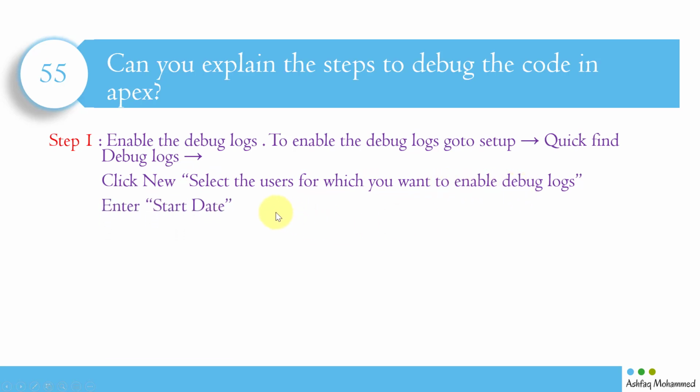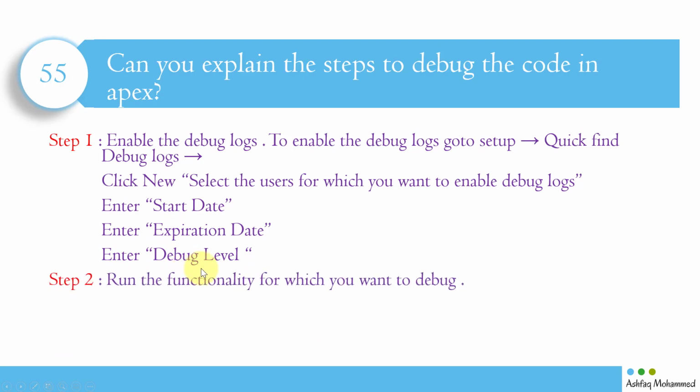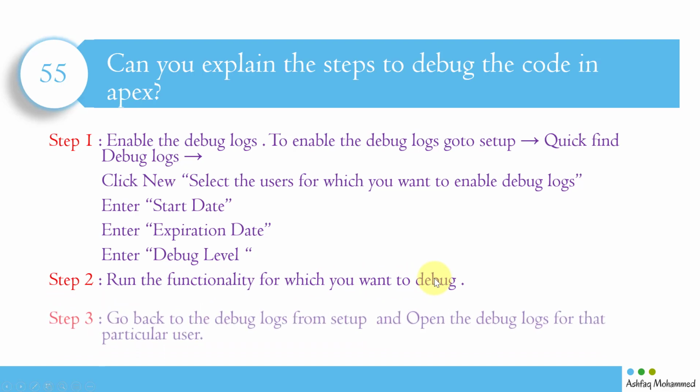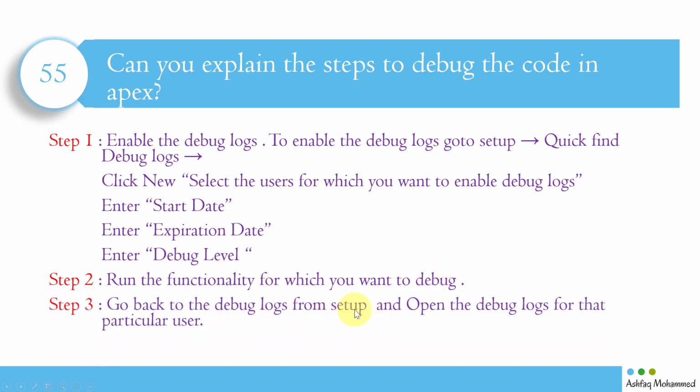Then you have to enter the start date, then the expiration date, and then the debug level. Then the second step is run the functionality for which you want to debug. And then go back to the debug logs from Setup and open the debug logs for that particular user. Okay, I know you might not have understood these steps, so I'll go back again.